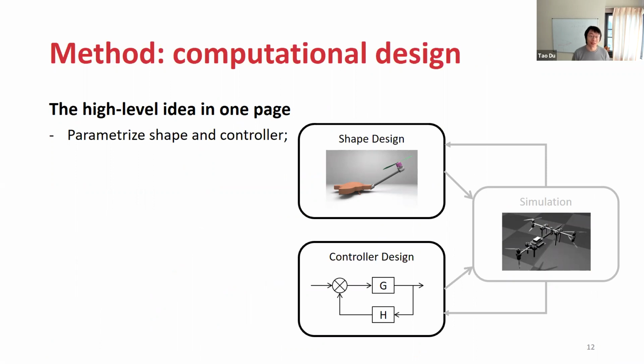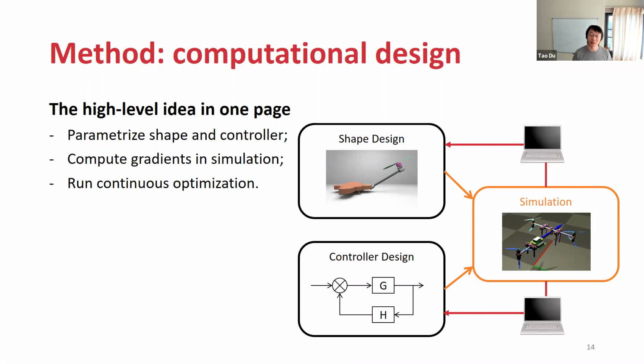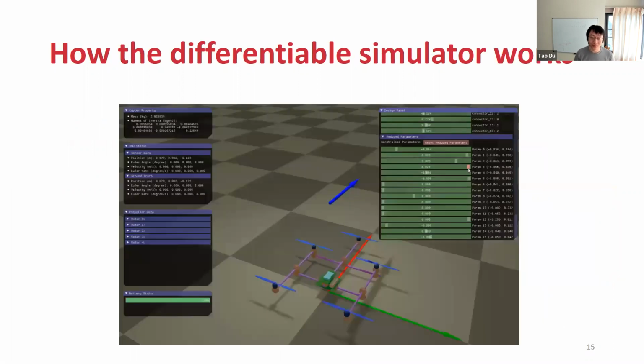Our pipeline starts with a parameterization of the shape and controller space. Then we leverage a simulation tool we developed to compute the gradients with respect to these parameters. Then we run continuous optimization algorithms to propose new changes to both the shape and the controller. Closing this loop, we iterate multiple times until we are happy with the performance of the robot.